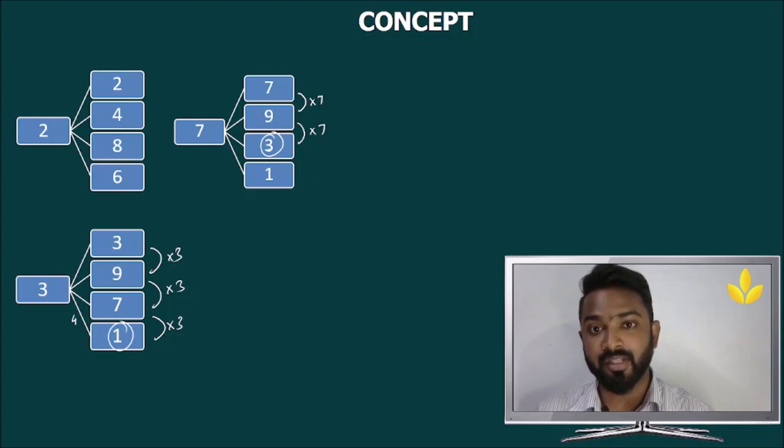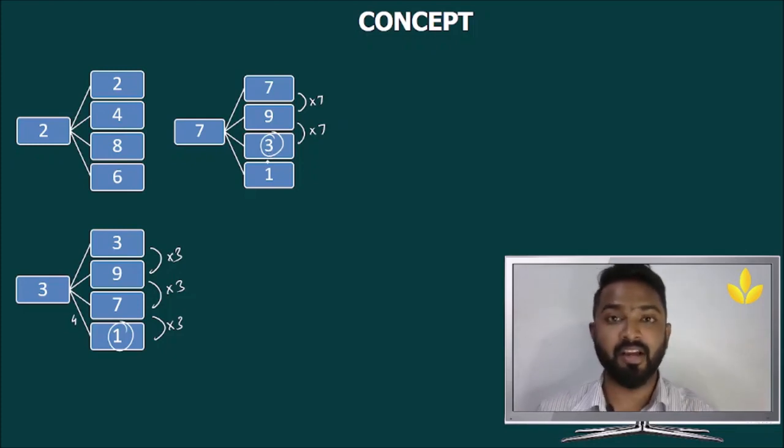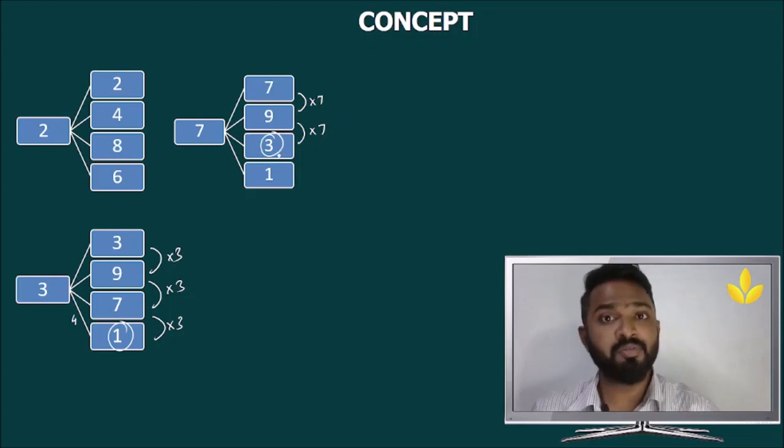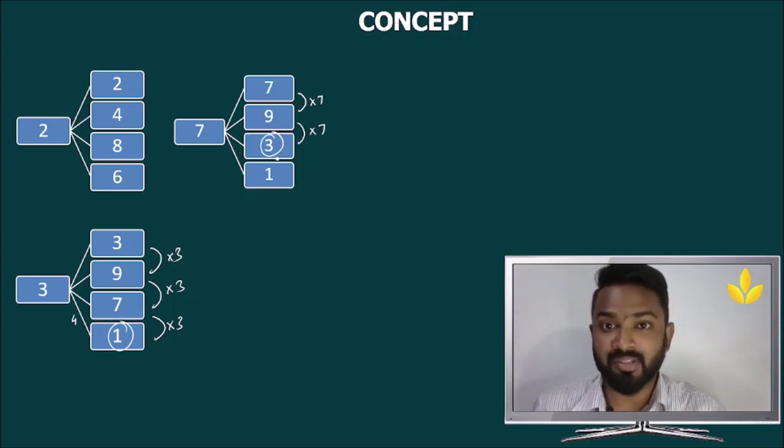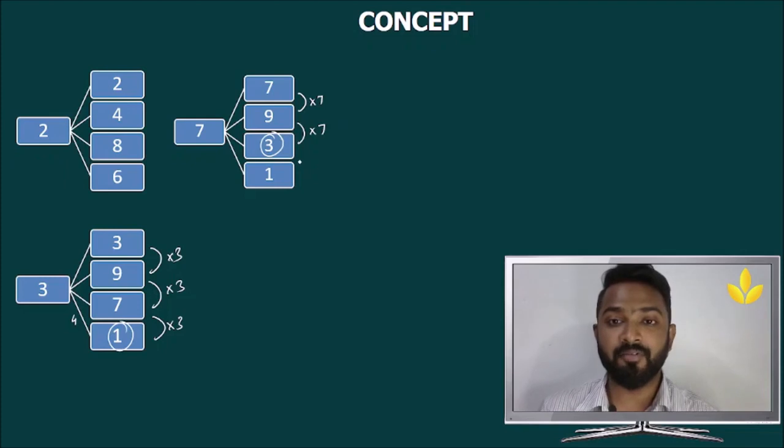Again, you and I know that this 3 is actually from 343, which is 7 cube. But whether the 3 comes from 63 or the 3 comes from 343, 3 is 3. So after that we have 3 into 7, that is equal to 21. That's it.